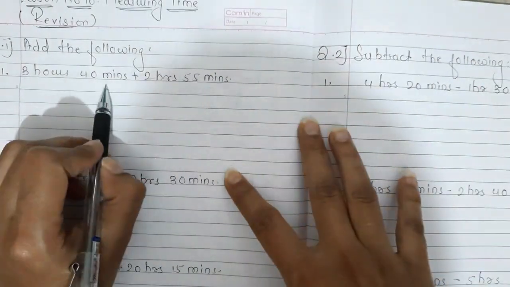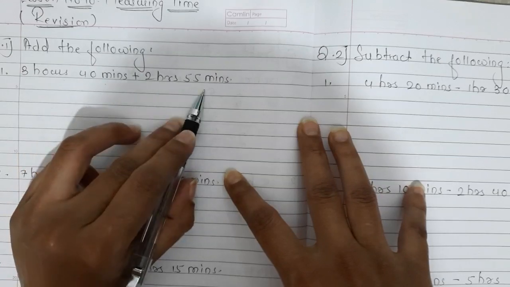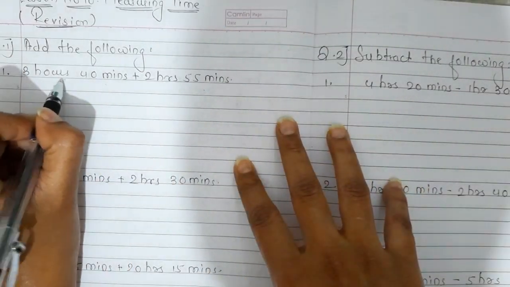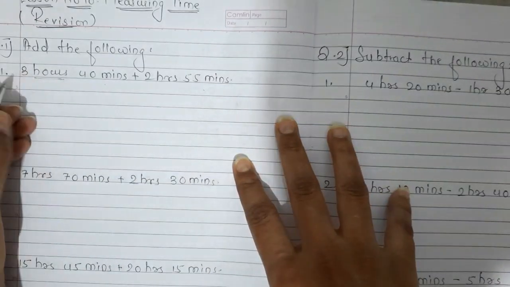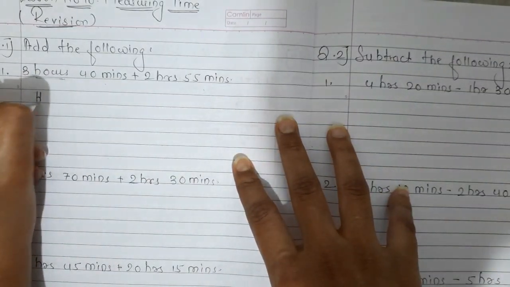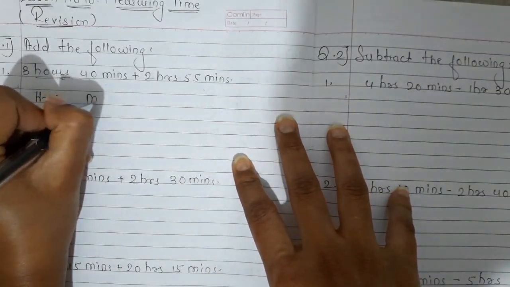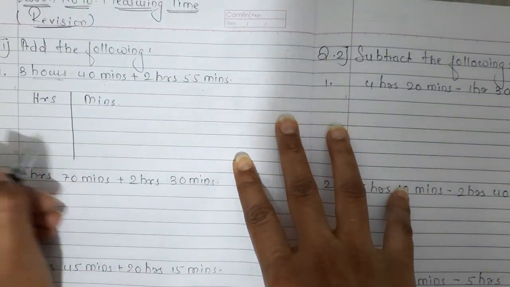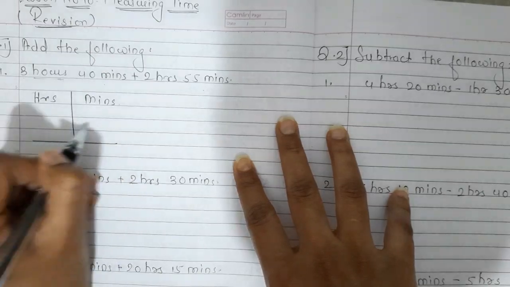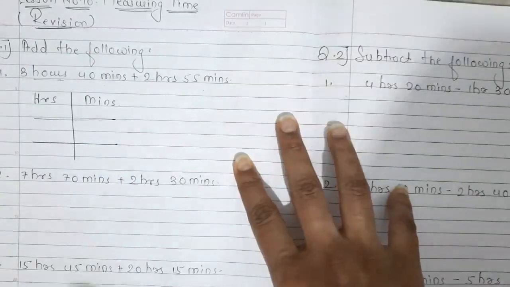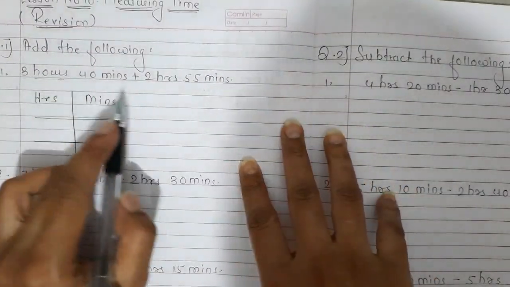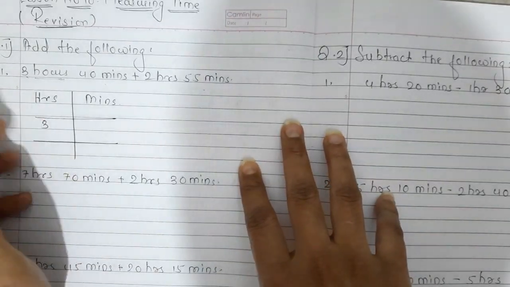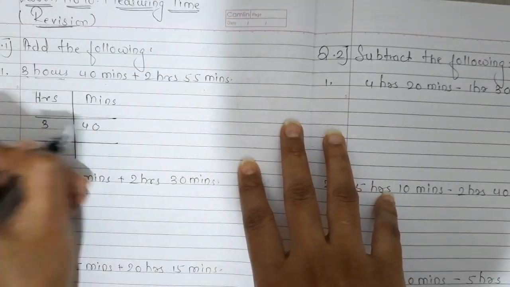3 hours 40 minutes plus 2 hours 55 minutes. First, we have to make two columns, the hours column and the minutes column. Now we have to write the numbers, hours under hours and minutes under minutes.